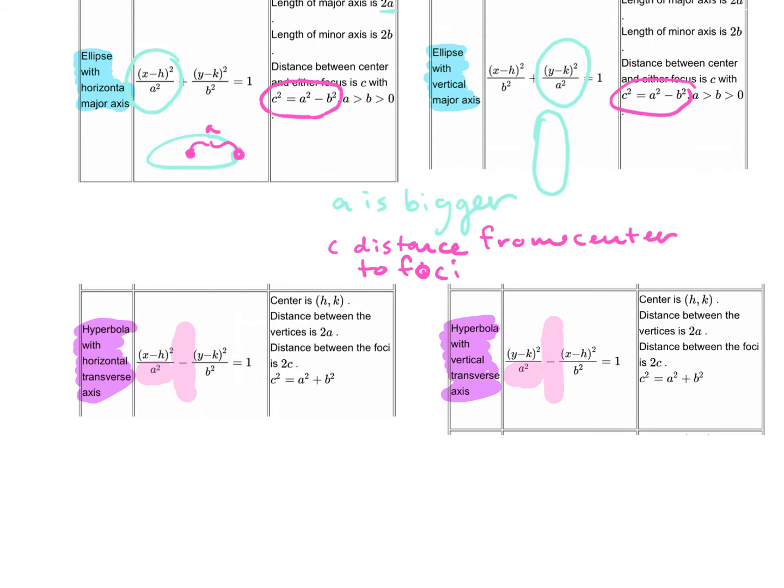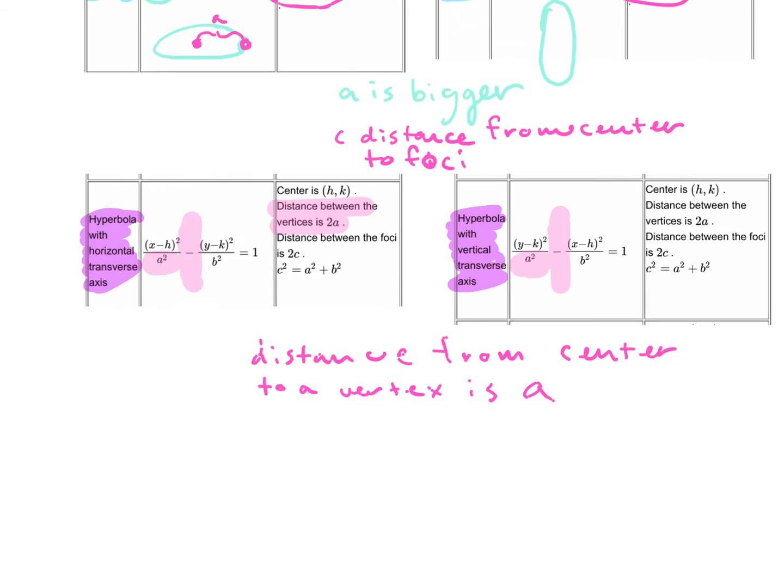So distance from the center to the vertex is a. And then distance from the center to the foci is c.